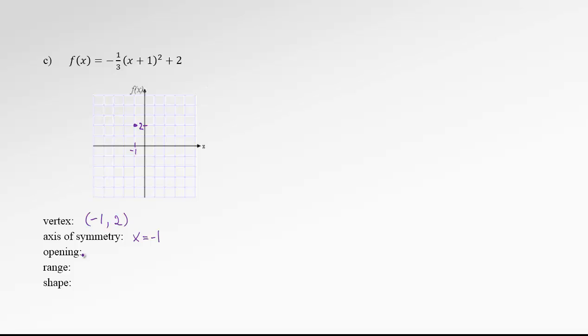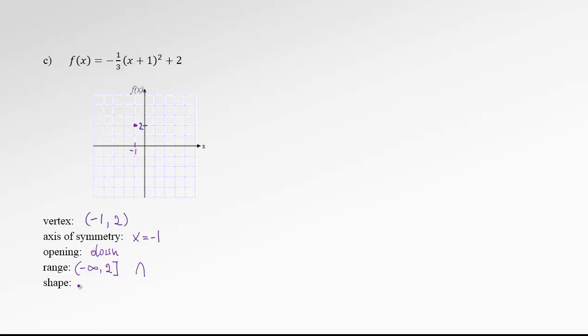The parabola opens down this time because the leading coefficient is negative. So down. To find the range, let's picture that the parabola goes like this. Therefore, the range is from -infinity until the second coordinate of the vertex. So it is -infinity till 2, with 2, of course.